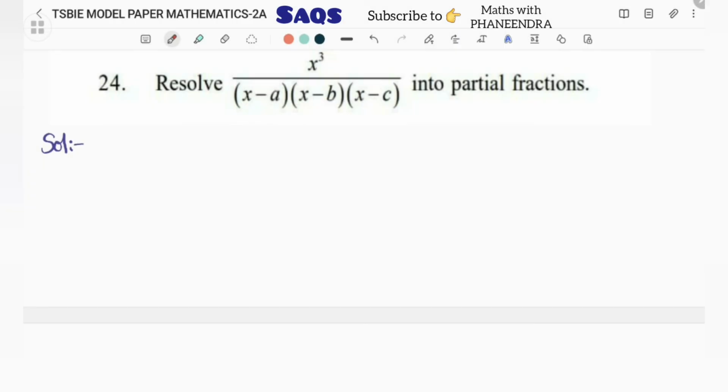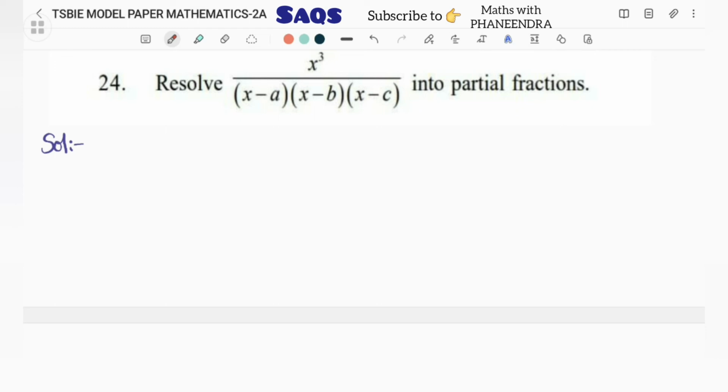Question number 24 is also a partial fractions question, but this given fraction is an improper fraction. Why? Because the degree of numerator is 3, the denominator degree is also 3.